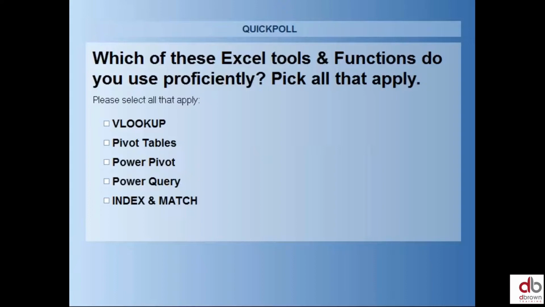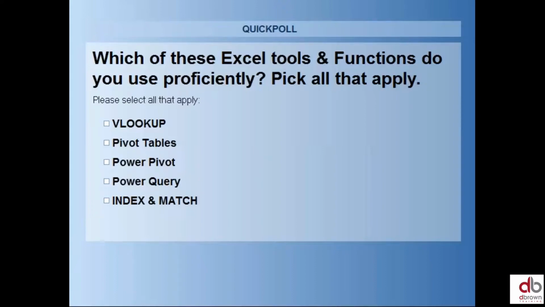Okay, the results coming in so far, 71% of you have done VLOOKUP before. That's excellent. 43% have seen pivot tables. I'm impressed that at least 10% know Power Pivot. So that is excellent. And even more know Power Query. Are you guys voting right? Are you sure that more people know Power Query than Power Pivot? That's interesting. And INDEX and MATCH, about 20% of you know INDEX and MATCH.